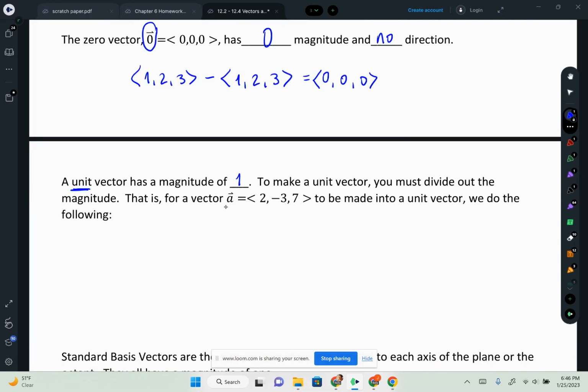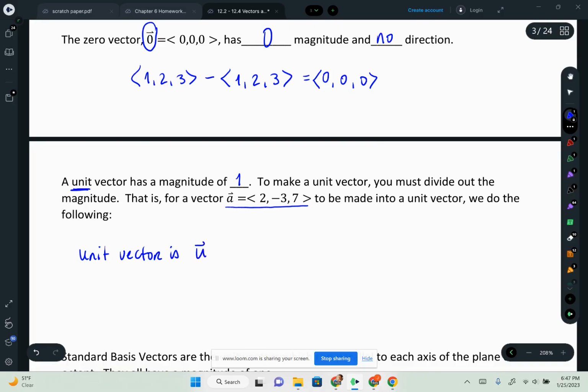So in order for this vector A that has components 2, -3, and 7 to be made into a unit vector, here's what we do. So the unit vector is u. So we usually use u for unit vectors. We also use u in other cases, but if we're talking about unit vectors, we always call them u's.